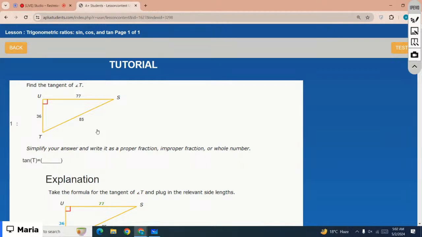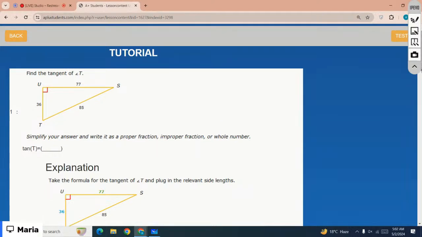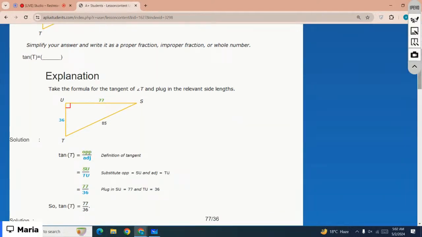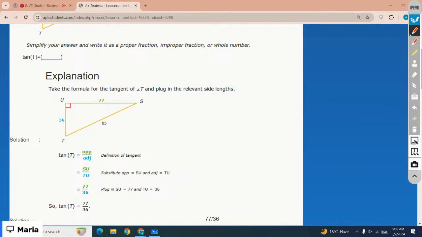Let's start with the first example. Find the tangent of angle T. You need to learn the trigonometric ratios. The first one is sine x, and sine x is opposite divided by hypotenuse.